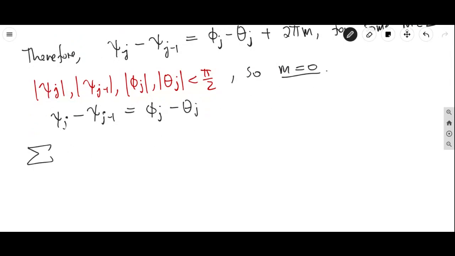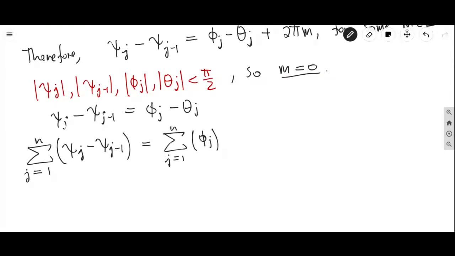If we take the sum on the left, when j goes from 1 to n, of cj minus cj minus 1, that would be equal to the sum, j going from 1 to n, of phi j minus the sum, j going from 1 to n, of theta j.